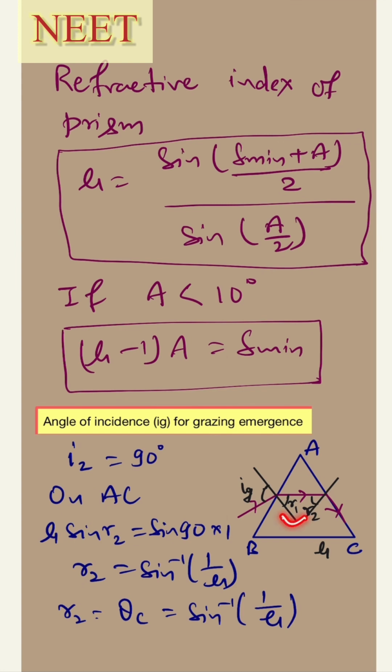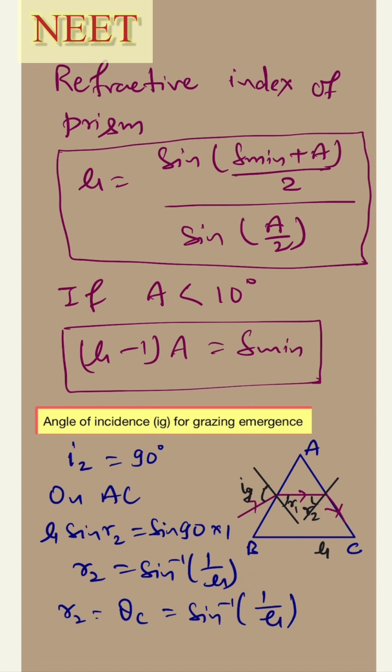So mu into sine R2 is equal to 1 into sine 90, and this angle is 90 degree. If you apply this, you will get sine R2 is equal to 1 by mu, because sine 90 is 1. So R2 is equal to sine inverse 1 by mu.